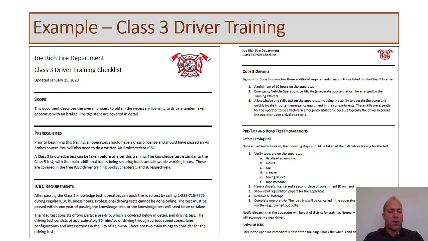You need to have your air brakes for this. What are the ICBC requirements you'll need? And then we get into the actual instructions. So before leaving the hall, I've written some lists with sublists, verified that we have these things on the apparatus. So it's essentially a list of tools. And again, this is written in the imperative with numbered headings: verify, have, show, remove, complete. This is just very factual instructions telling somebody what to do without worrying about being too polite or wordy.